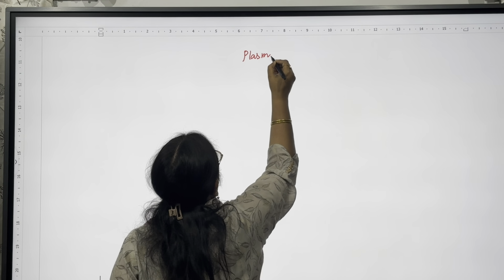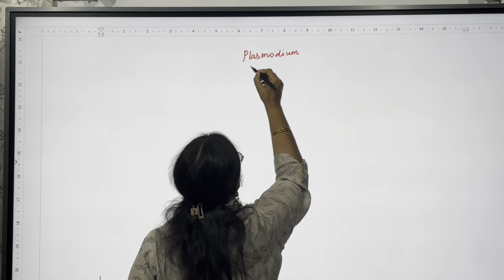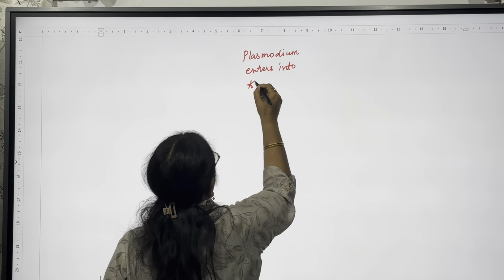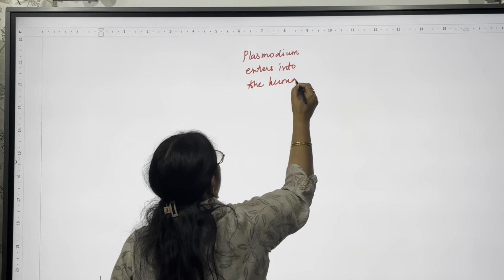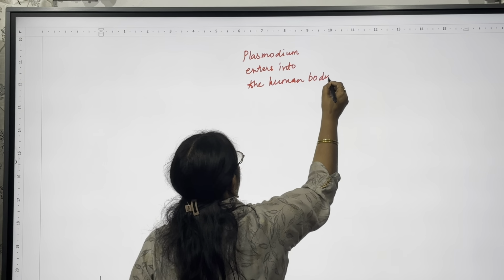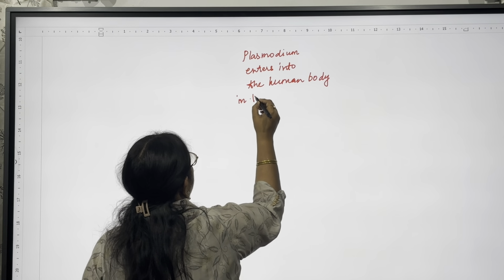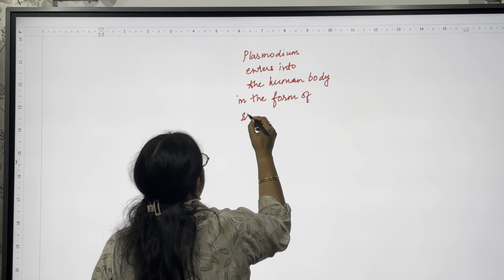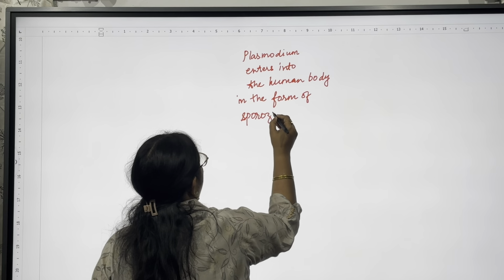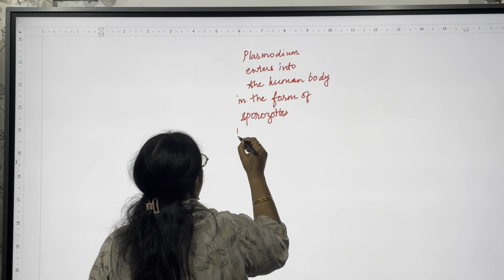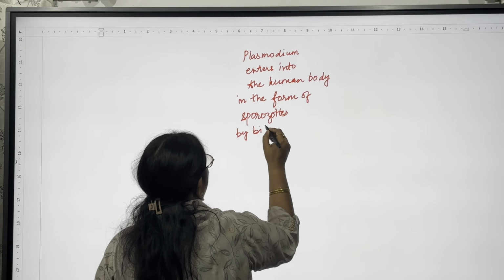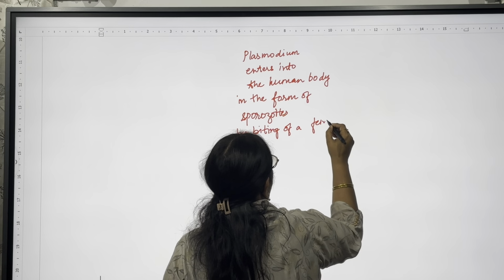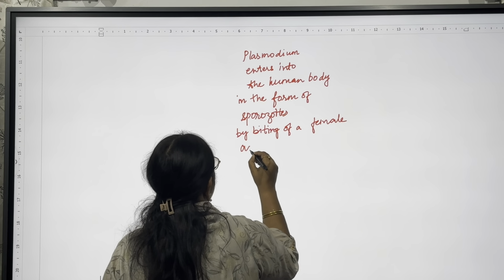Plasmodium enters into the human body in the form of sporozoites by biting of female anopheles.